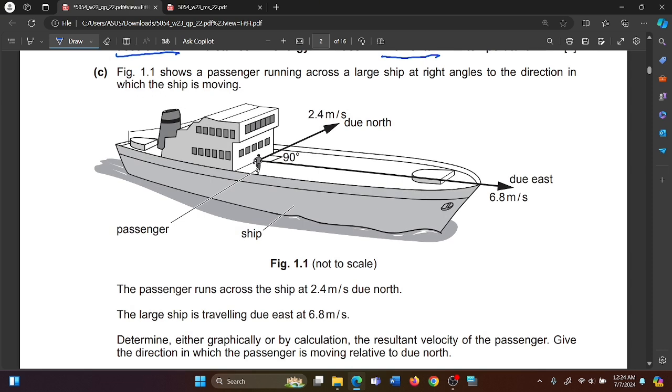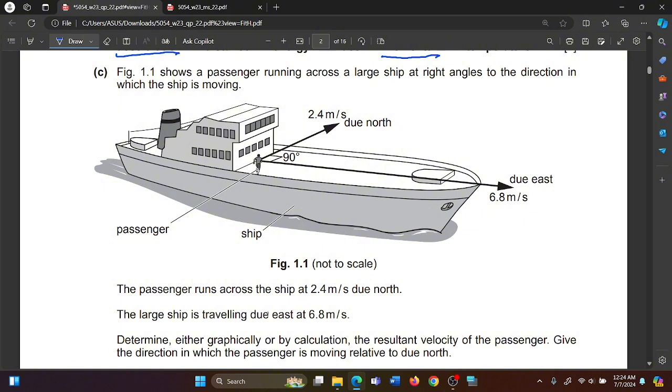In part C, it says that figure 1.1 shows a passenger running across a large ship at right angles to the direction in which the ship is moving. The ship is moving due east and the passenger is running due north at a 90-degree angle. The passenger runs across the ship at 2.4 meters per second due north.